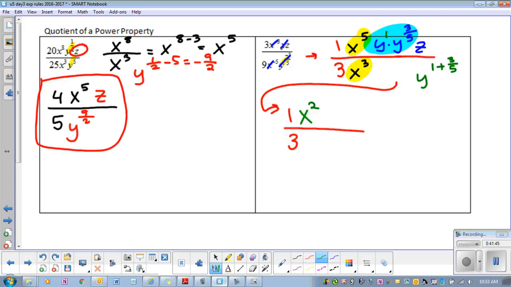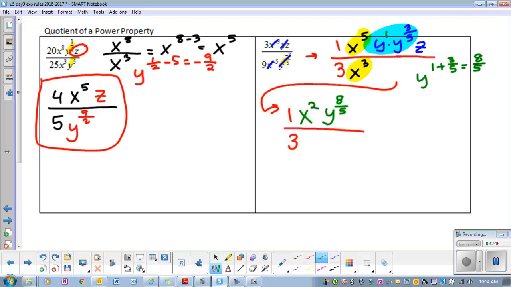What do we get? What's 1 plus 3/5? Put in your calculators. Do it. Move, move, move. Everyone's staring at me. 8/5. Good. So that means since the y's were up on the top, I have y to the 8/5 on the top. Okay, so my y's are done.